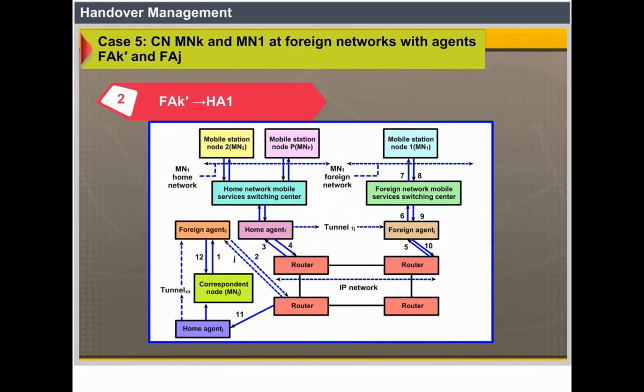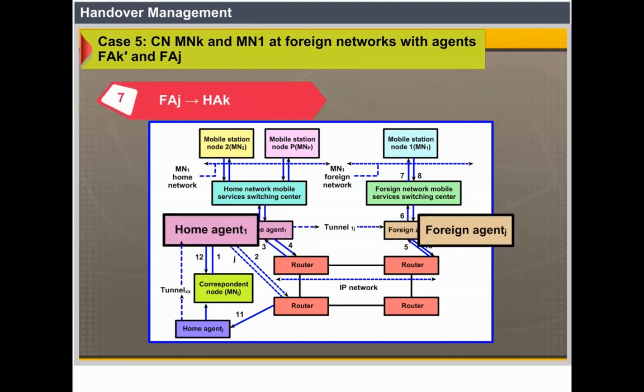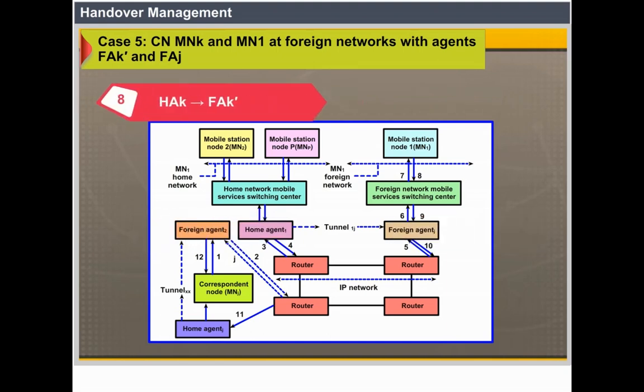FAK to HAI. HAI to FAJ. FAJ to MNI. HAI to FAJ through tunnel TLJ. MNI responds to FAJ. FAJ to HAK. HAK to FAK. FAK to MNK. HAK to FAK through another tunnel TKK.